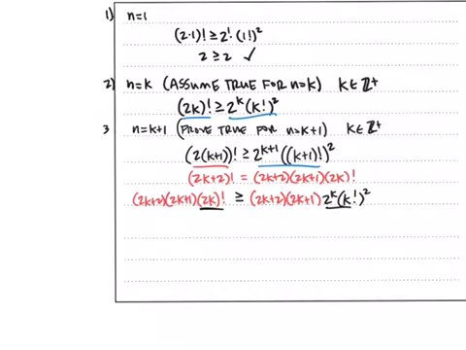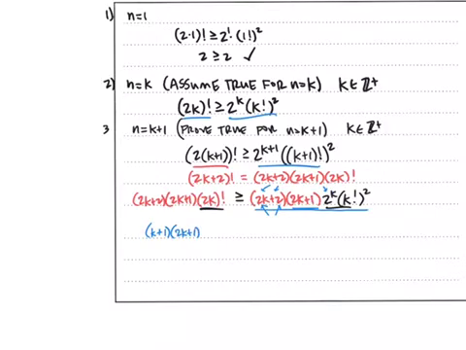Okay, now I'm going to bring my new expression. I'm going to write this in blue, and I'm going to factor this 2 out of this first term, and tack it on to this 2^k. So if I take this 2 out, the first factor becomes k plus 1, then I have (2k+1).